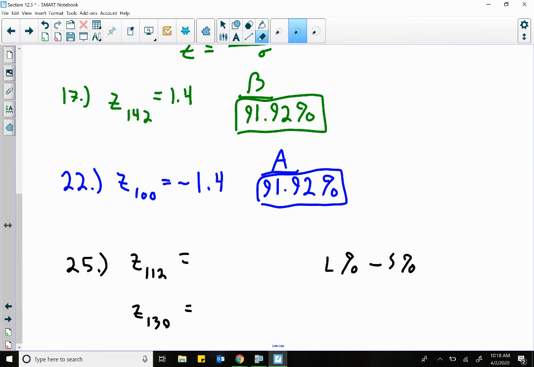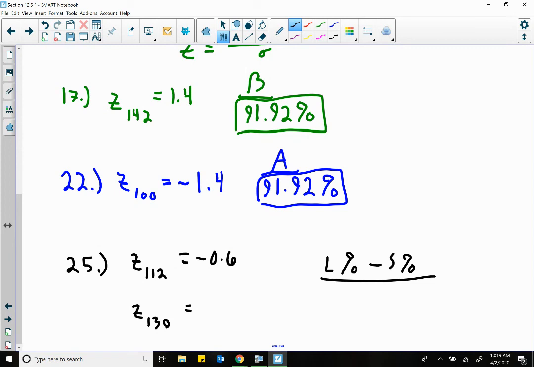So, z-score for 112, well, we'll take 112 minus 121 divided by 15 gives us negative 0.6.